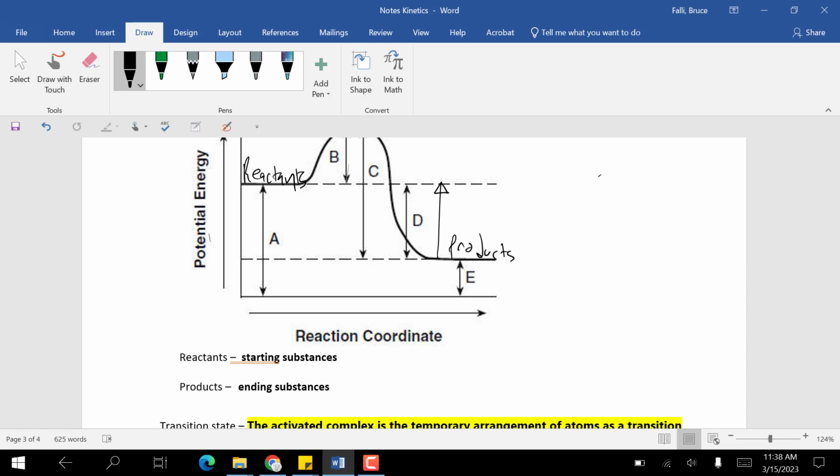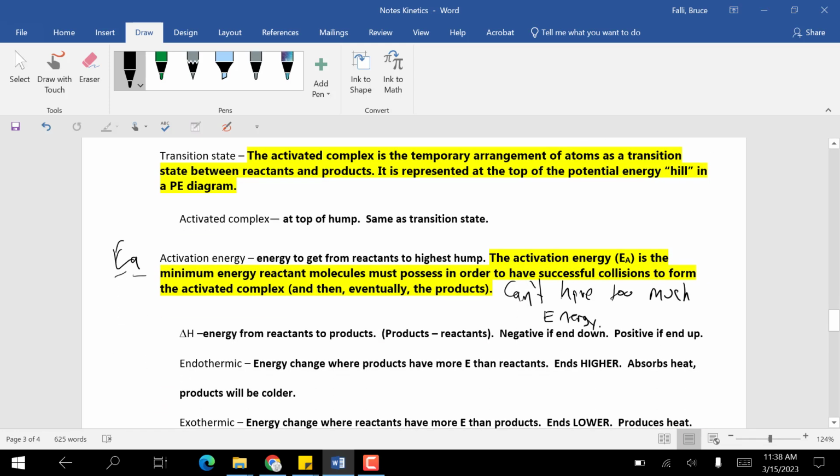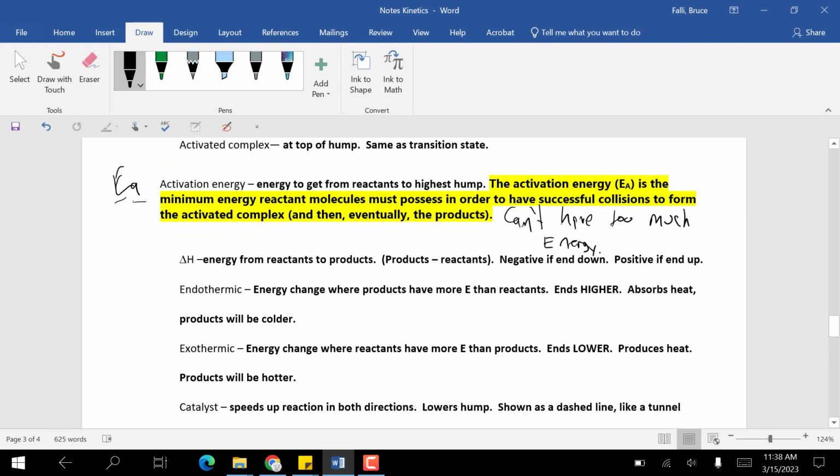Okay, so if I put numbers on here, if this was 25 and this was 600, I would do products 25 minus reactants 600, and I would get negative 575 kilojoules. And that would be exothermic because it ends up going down. It's negative if it goes down, positive if it ends up. So what it looks like if it ends up would be this.